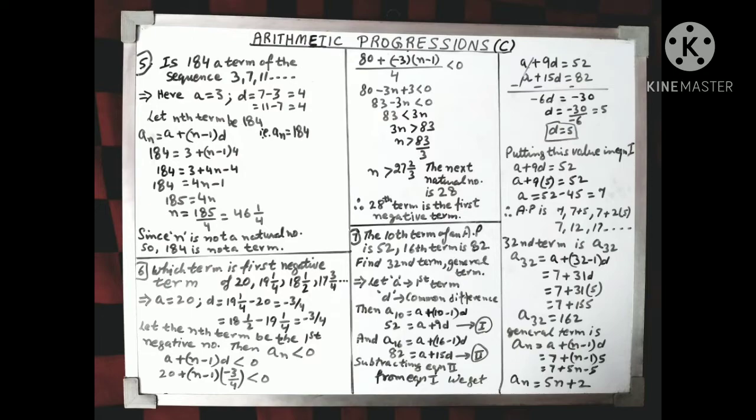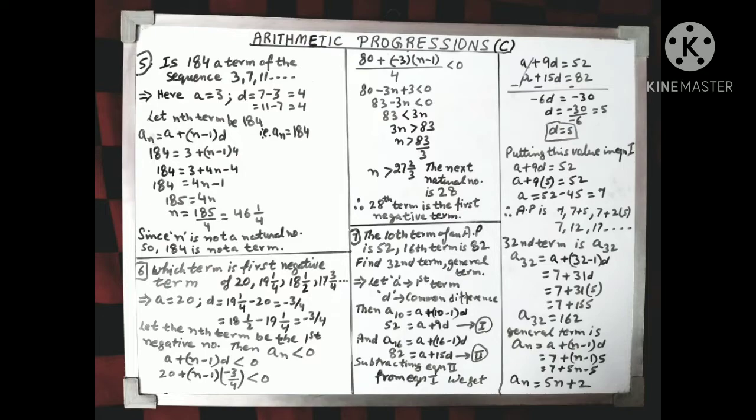That is n is greater than 83 by 3, which comes out to be 27 2 by 3. So n is greater than 27 point something, and the next natural number we will be having is 28. So we will say that the 28th term will be the first negative term of this particular AP, right?